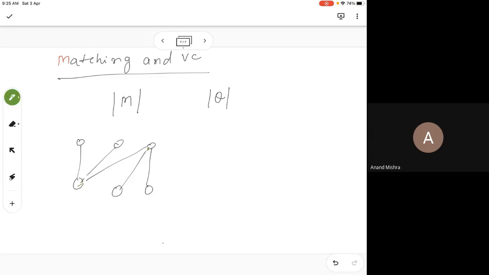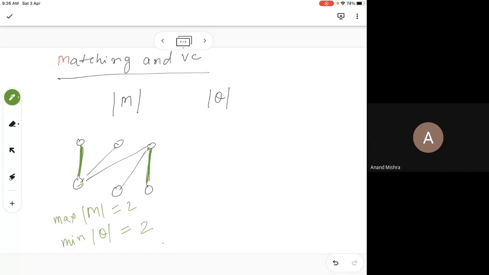So I choose this one and this one, right? I cannot have three. So the matching size for this particular example is two, and the minimum vertex cover is also 2. Maximum matching is 2, minimum vertex cover is also 2.